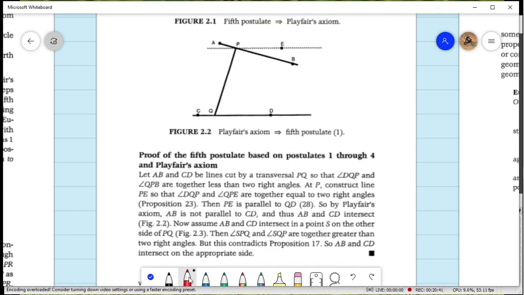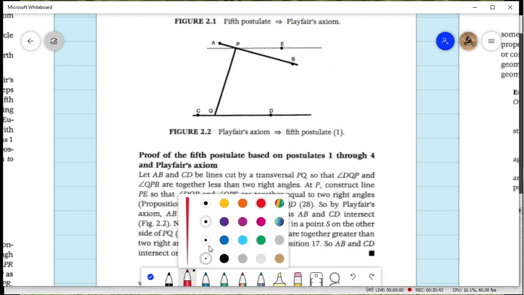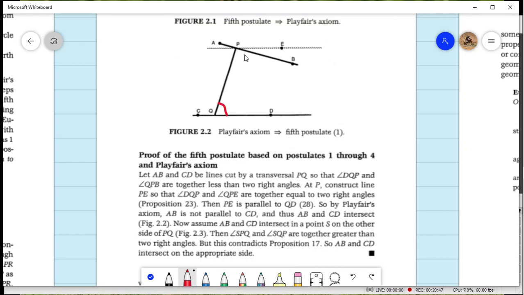So what is meant is this angle here plus this angle is less than 2 right angles. So we need to show that this would meet, okay, on this side of the transversal.